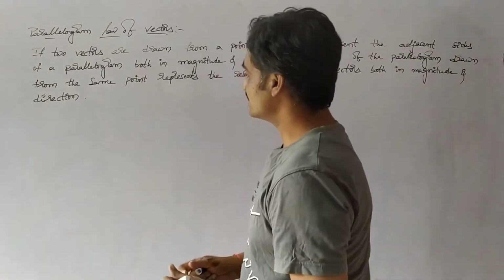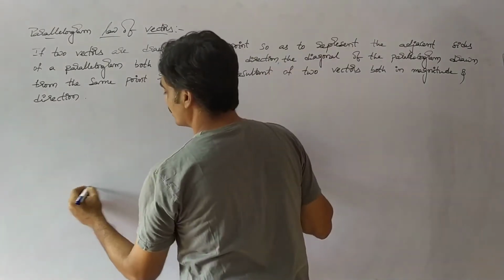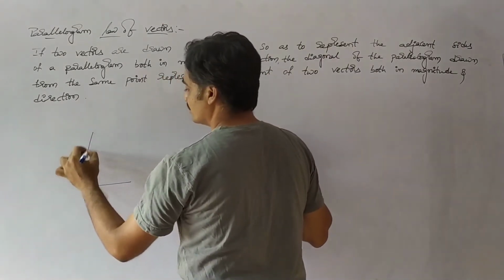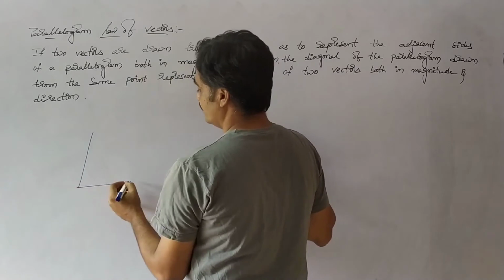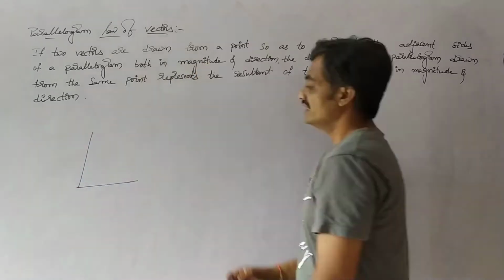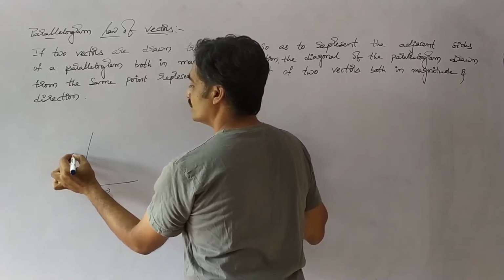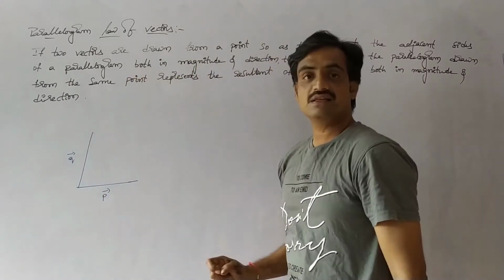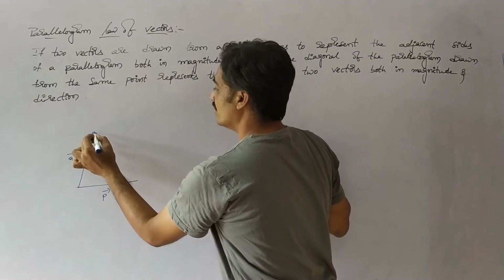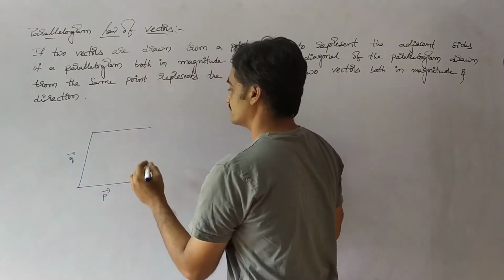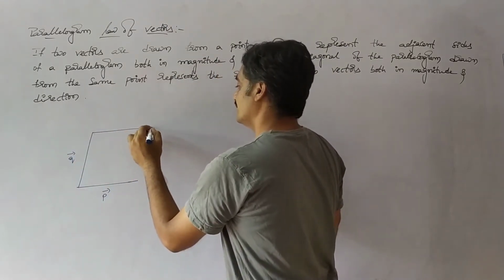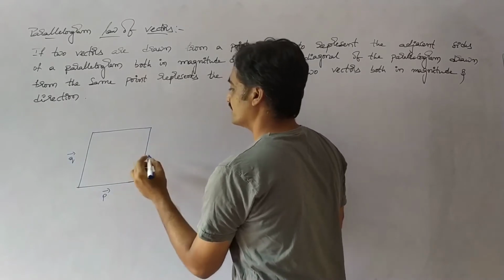So here we are going to draw a parallelogram with two vectors. Let us consider the first vector as p bar and the second vector as q bar. Since it is a parallelogram, we have to draw the parallel vectors in the form of a parallelogram.